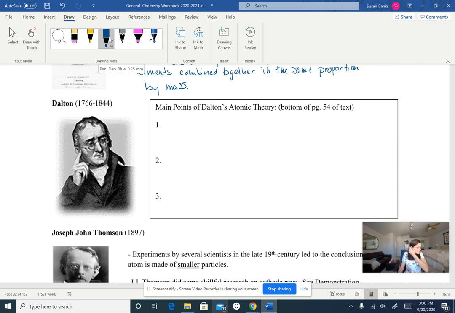Okay? So his first big idea is that all matter consists of indivisible particles called atoms.